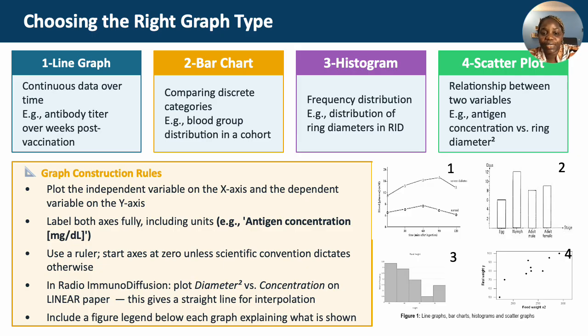Include a figure legend below each graph explaining what is shown, what the groups are, what the axes represent, and everything. You need a legend. Okay, so this is how you should report your data in our future practicals.